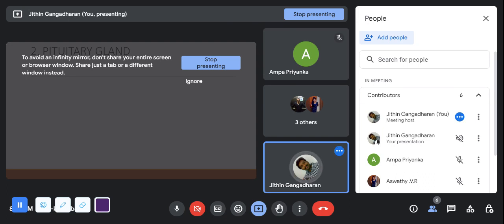Second is the pituitary gland. What happens in your pituitary gland?